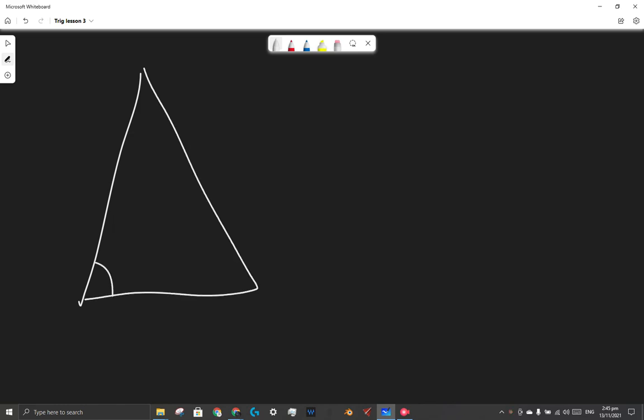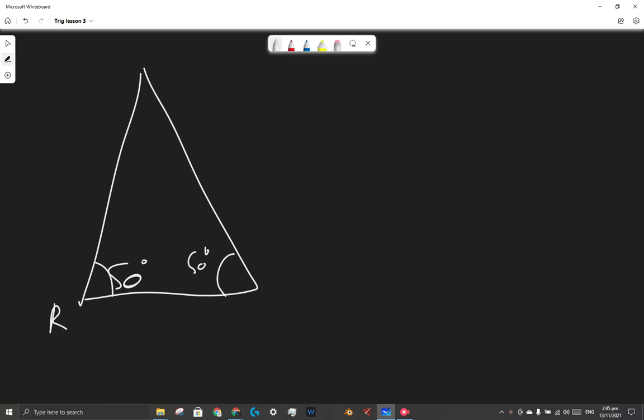Alright, so let's put in a problem. Let's take a look where that is 50 degrees. Both base angles are equal, so that means this one will be 50 degrees also.